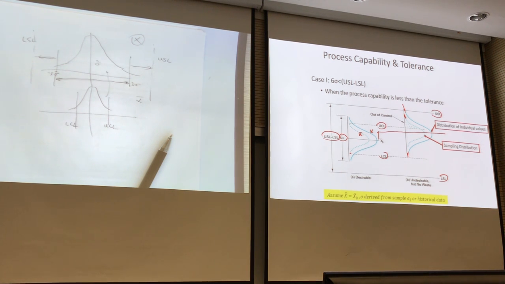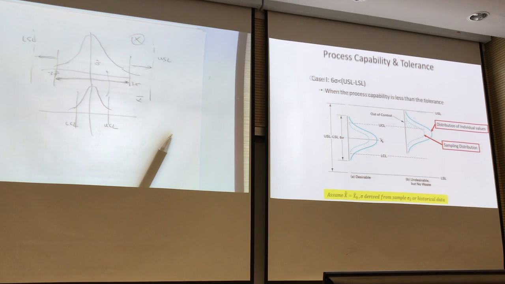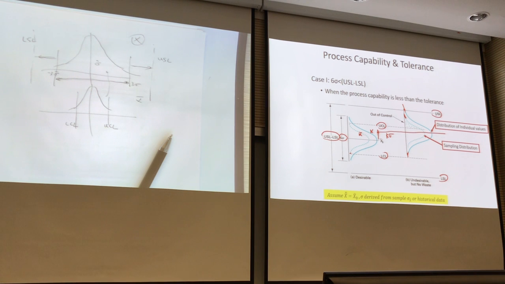So even if you have a spec and process relationship like this, and even if you have a process shift of K sigma, you still would not have a product outside the customer requirement, or it is very, very small, so that people don't even get to detect it. So typically our scenario is like this.